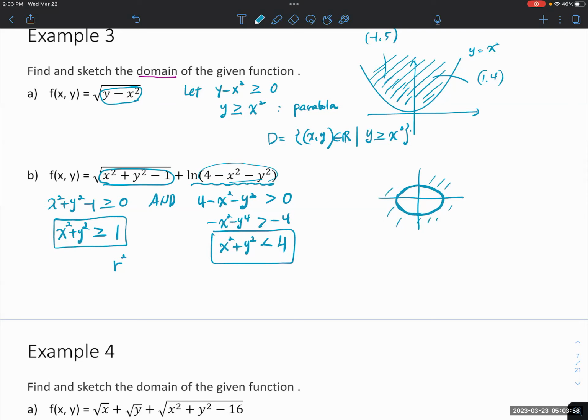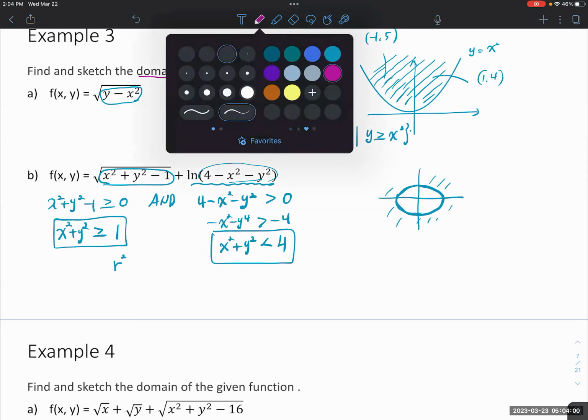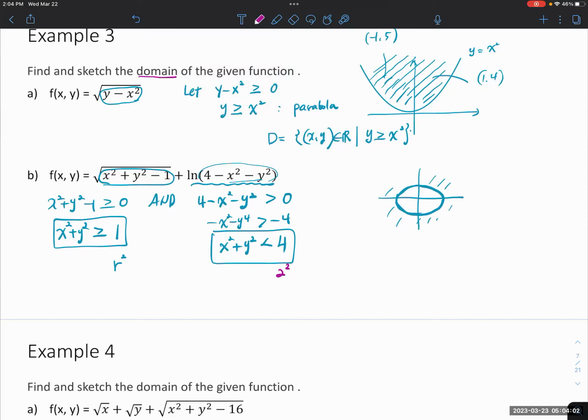Hang in there. The second equation has a 2 squared power, so we have radius 2. This time it's not going to be a bold circle because there's no equal, so we draw it dotted. And this time it's less than, so inside. So your shaded area is exactly here, the donut.